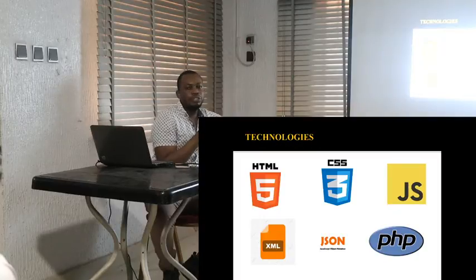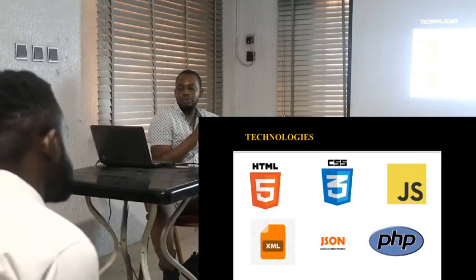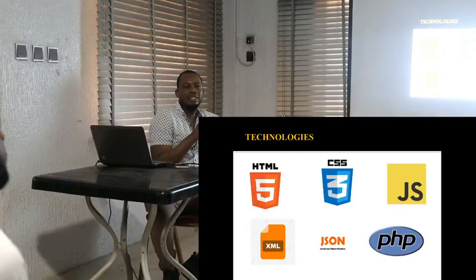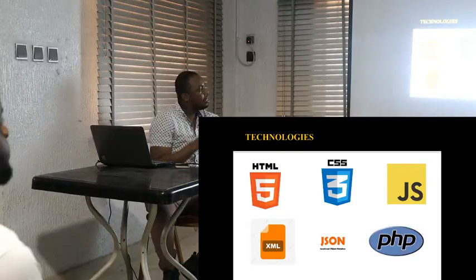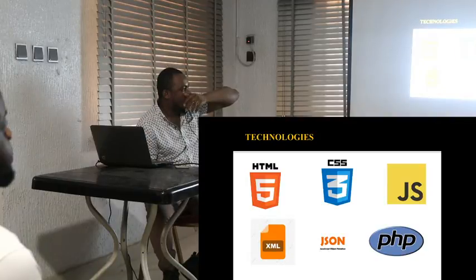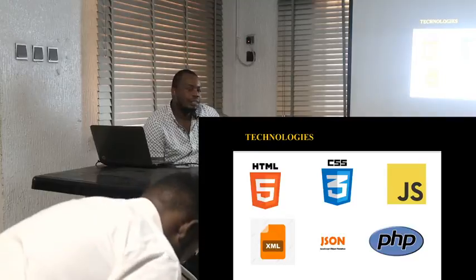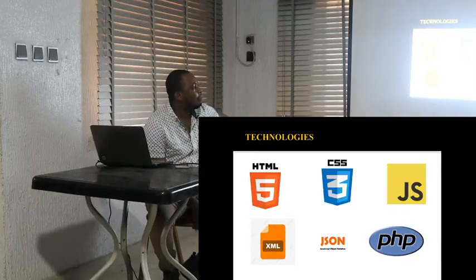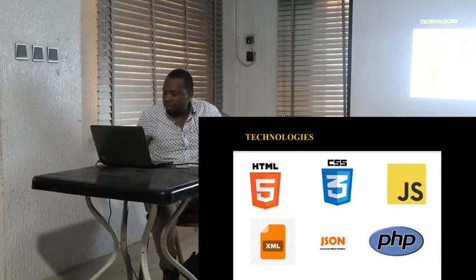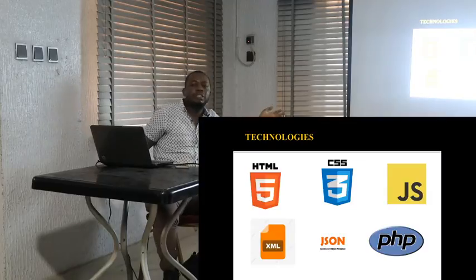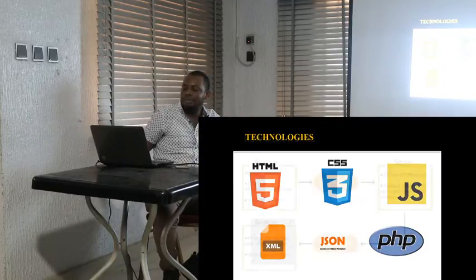Then JavaScript is used to make the request, like we make the request to the PHP server or any server-side language. Then XML and JSON are the file formats that Ajax receives. PHP is a server-side language. Everyone knows almighty PHP.